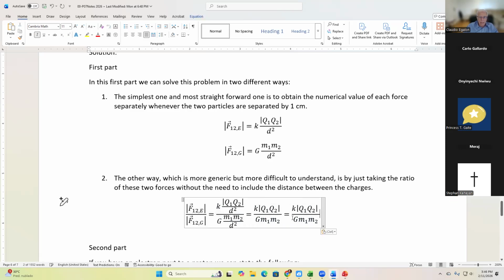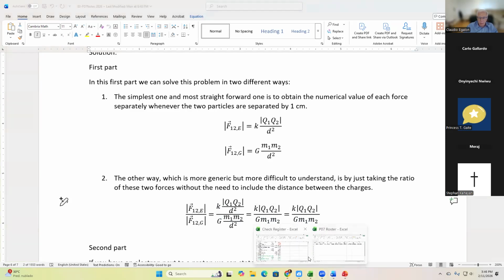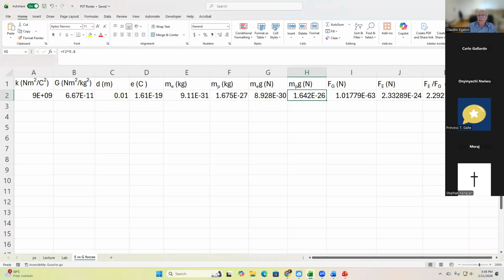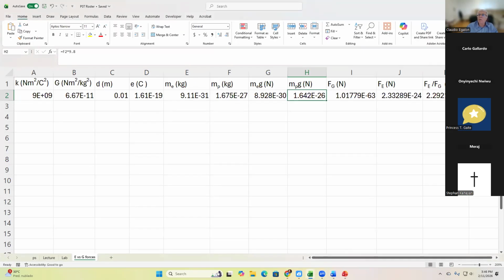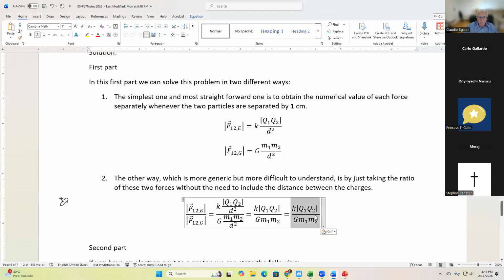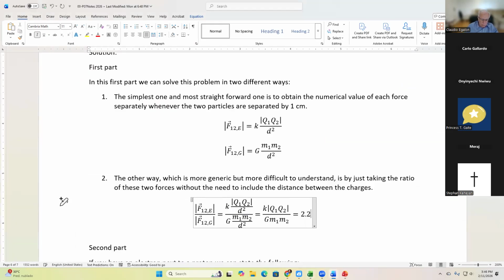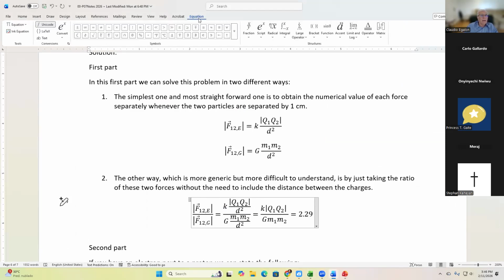And we calculate that, and it was a very large number. This ratio was a very large number: 2.29 times 10 to 39. What does it mean?